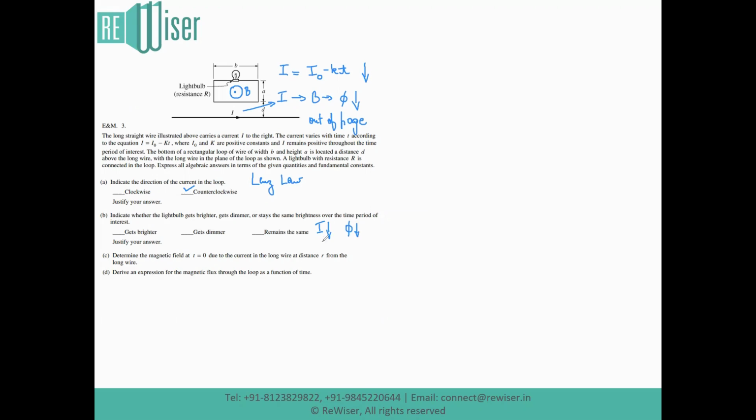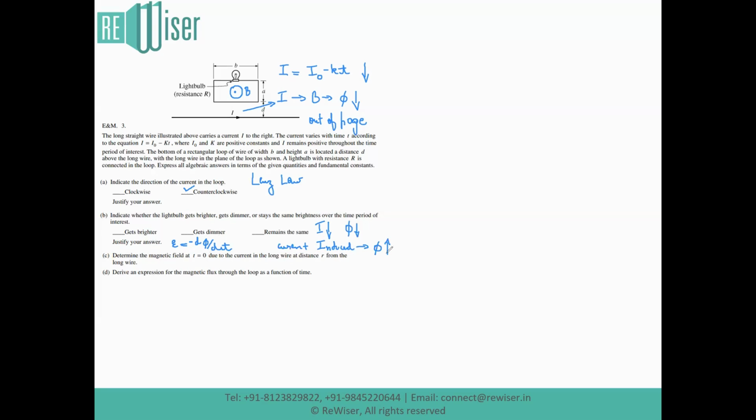Hence, the induced current is such that it produces a flux which is increasing per unit time. This being said, I know that EMF is not the change in flux, rather it is the change in flux per unit time, or mathematically speaking, the negative of the derivative of flux with respect to time.